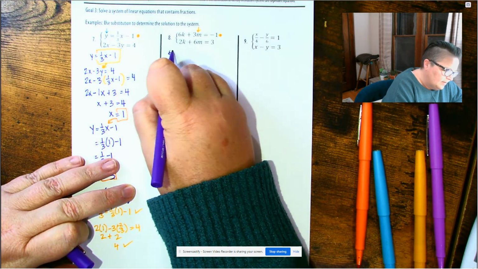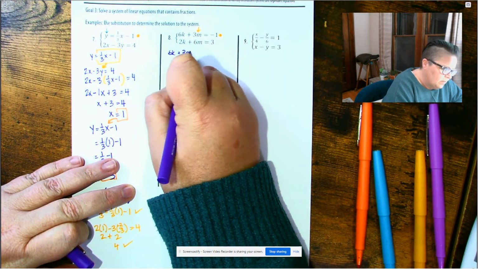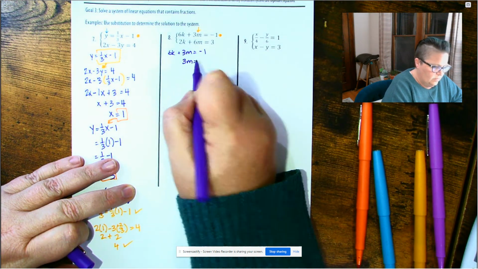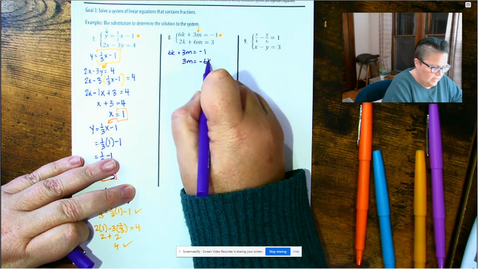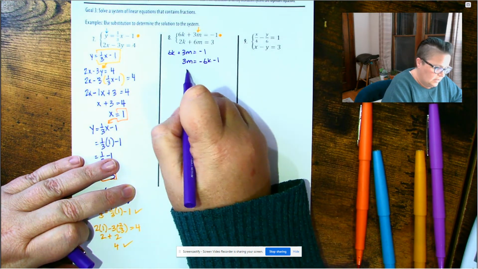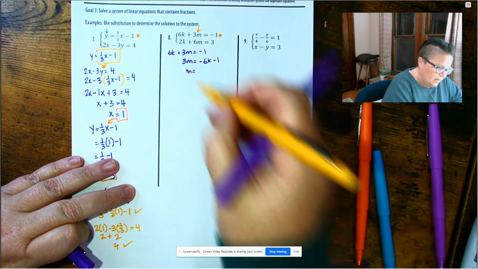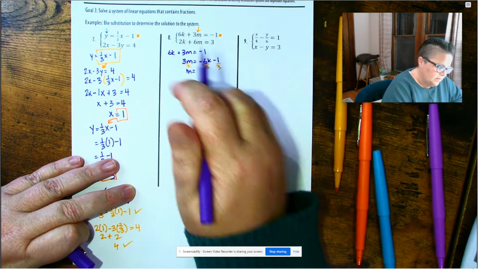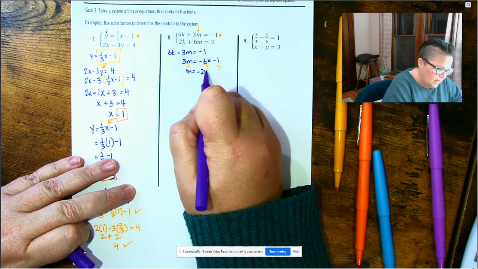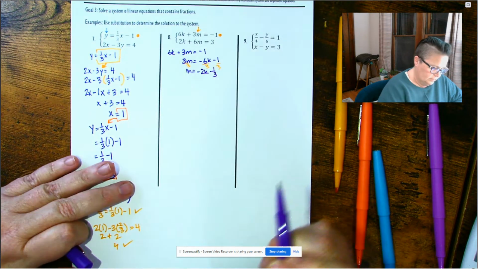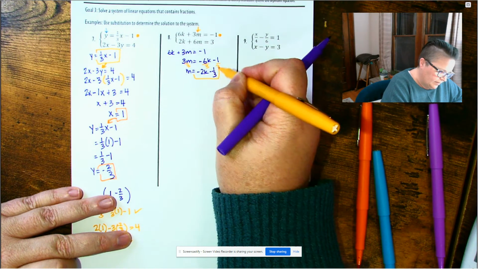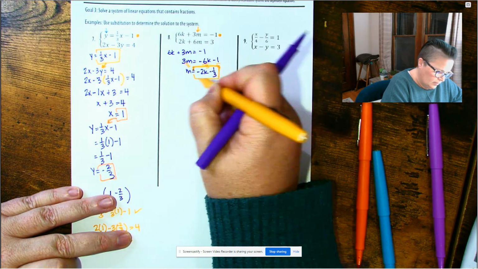So I've got 6k plus 3m is equal to a negative 1. So 3m would be a negative 6k minus 1. And m, I'm going to divide everything by 3. Okay, so m would be a negative 2k minus 1/3. That's what my m is, this mess.